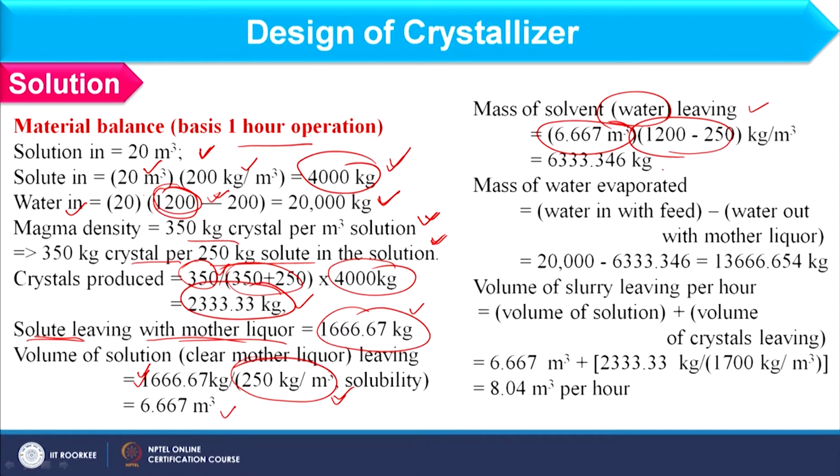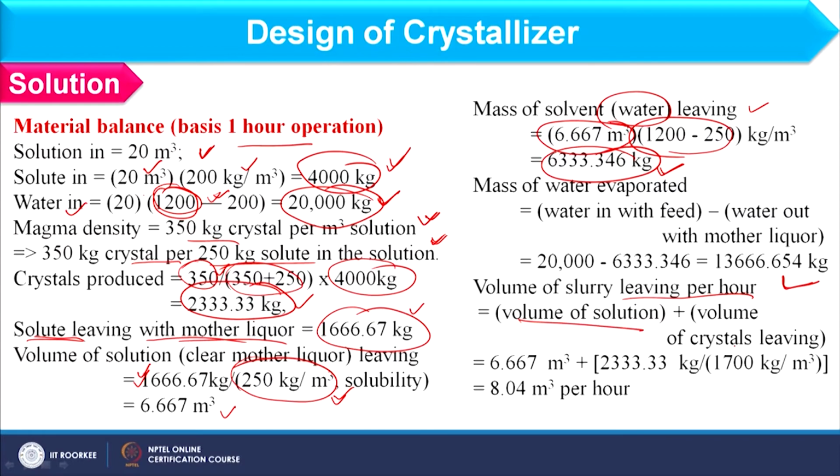So, the total water leaving is 6,333.346, right. So, this much water is available with the mother liquor. How much water should be evaporated is basically the difference of these. So, the total vapor formed is 13,666.654 kg, right.